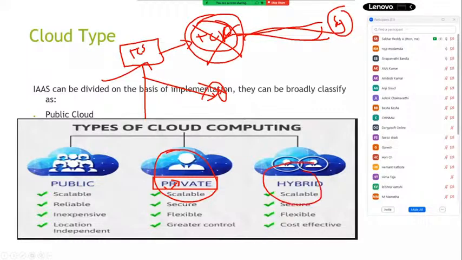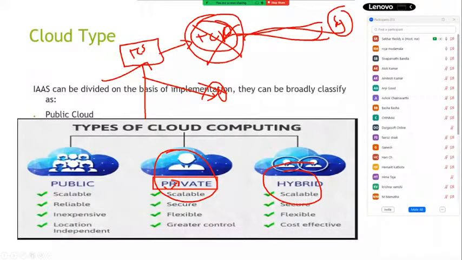Hybrid, you know, right? Hybrid is a keyword nowadays in IT; we keep hearing about the hybrid model. What does it mean? Hybrid means a combination of public and private. In the same way, in generic words, two days work from home and three days work from office, that combination we call the hybrid model. Am I right?